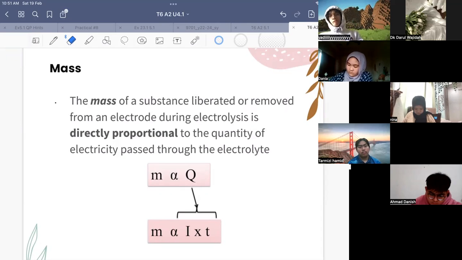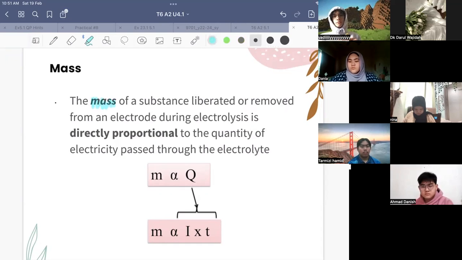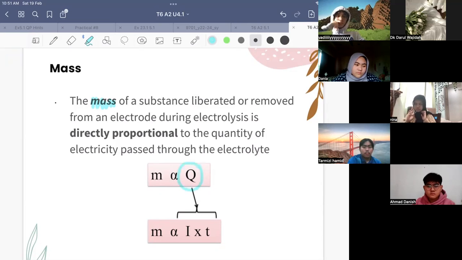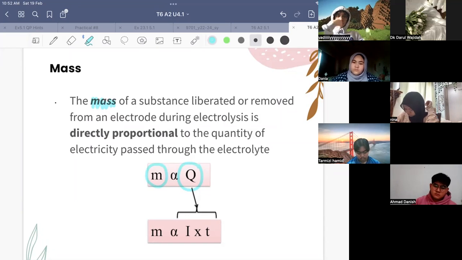This mass is directly proportional to the quantity of electricity, that means proportional to the charge in the electrolysis setup. So the bigger the quantity of charge, the bigger the mass of solid being deposited or lost, or the volume of gas being produced.